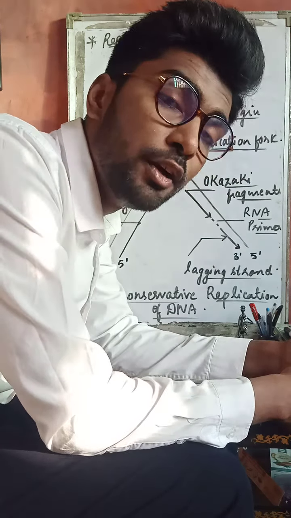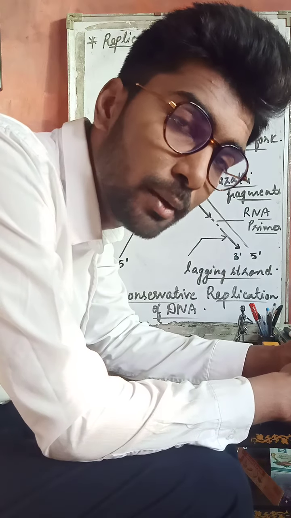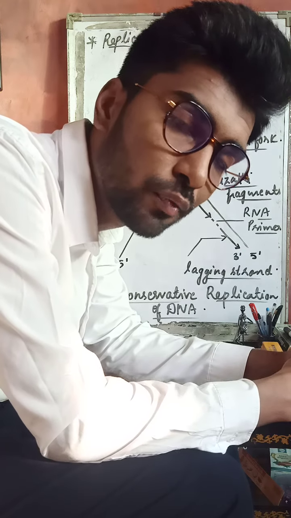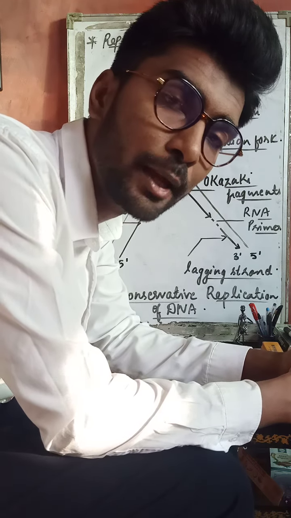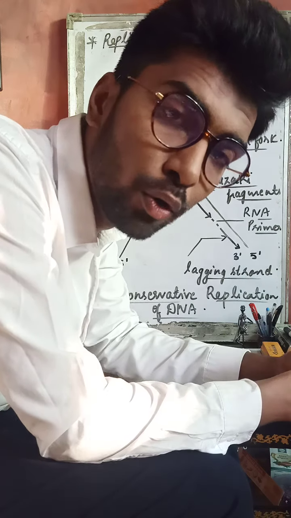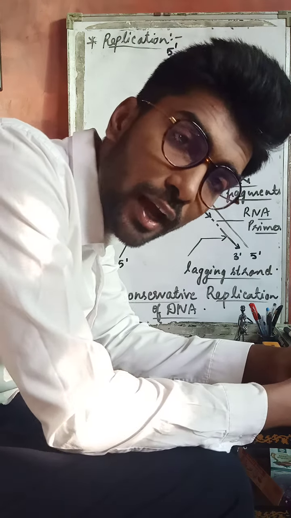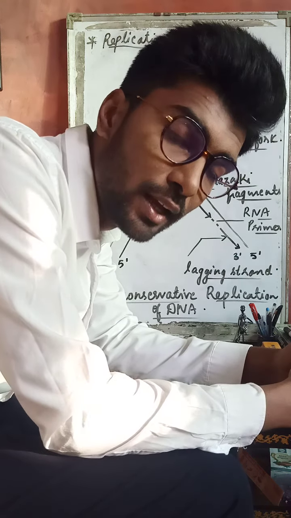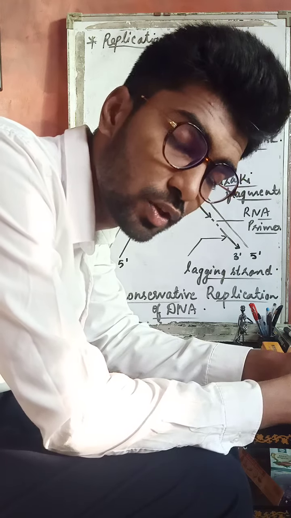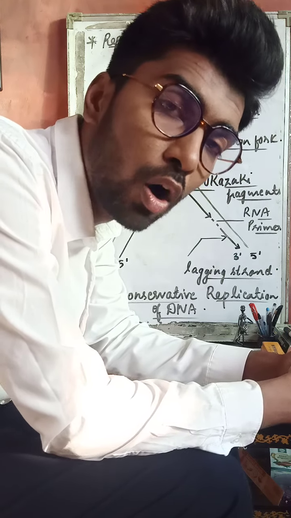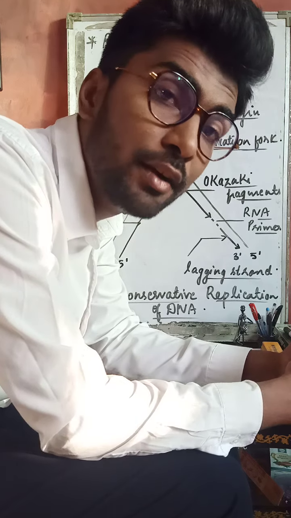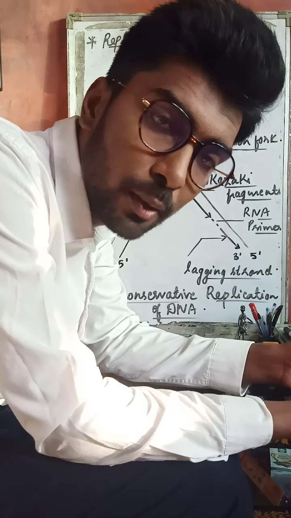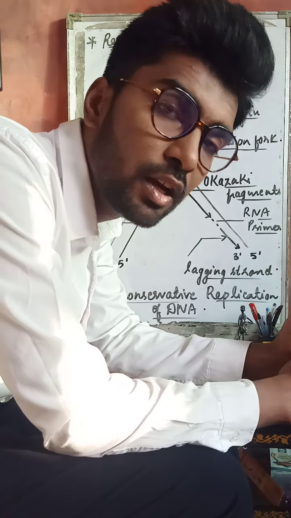deoxyribonucleoside adenosine monophosphate, deoxyribonucleoside guanosine monophosphate, deoxyribonucleoside cytosine monophosphate, and deoxyribonucleoside thymine monophosphate. Now they undergo a phosphorylation reaction, that is, by using ATP in the presence of phosphorylase, they form deoxyribonucleotide triphosphates, that is dATP, dGTP, dCTP and dTTP.